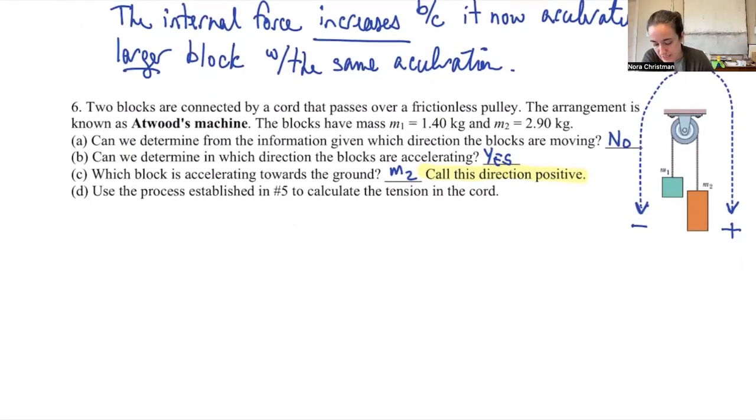There's a lot going on already over here. That's okay. I'm just going to draw the free body diagrams right below. Okay, so they both experience a downward gravitational force, where M2G is greater than M1G.